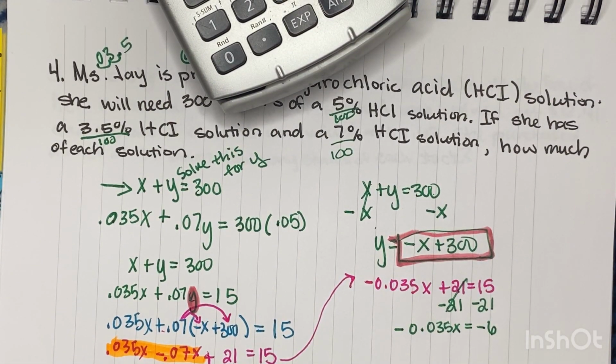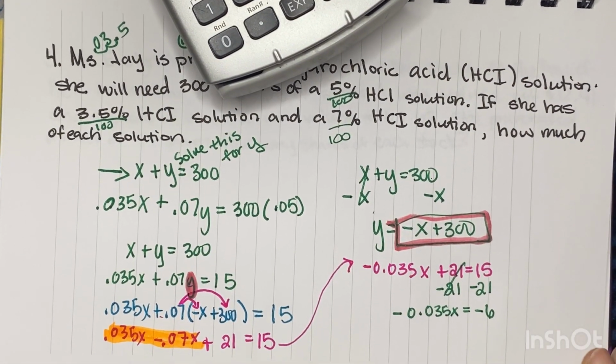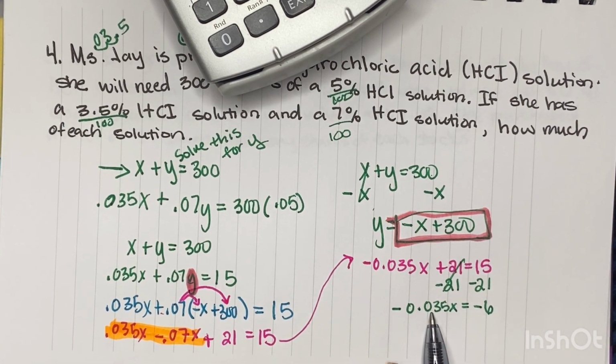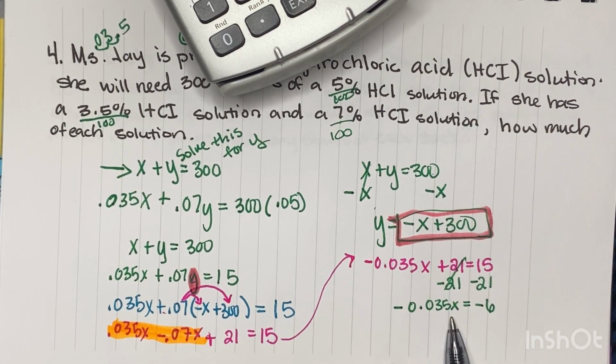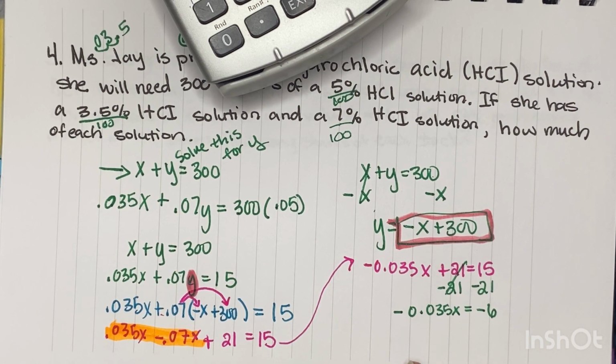Okay. Remember, we want x by itself. So how do we get x by itself? Whenever you have a number attached to a letter, they're multiplied together. So we have to undo that by dividing.